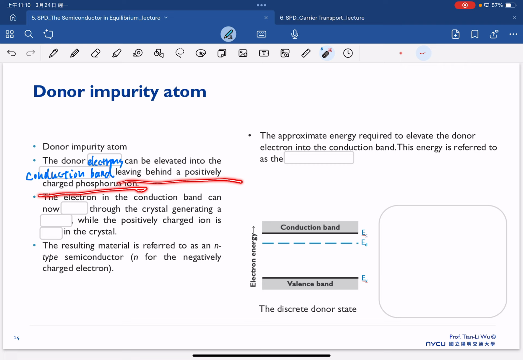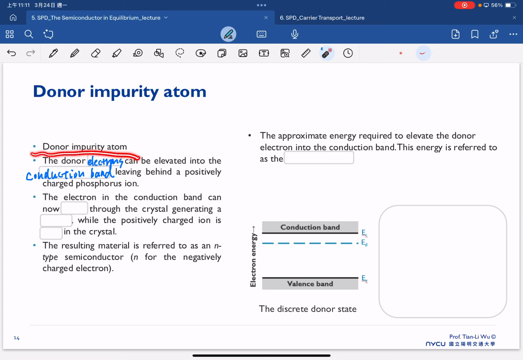This text is very difficult to understand, but if you look at the figure, it will be much easier to understand. So what this sentence wants to say is that right now we have the donor impurity here.